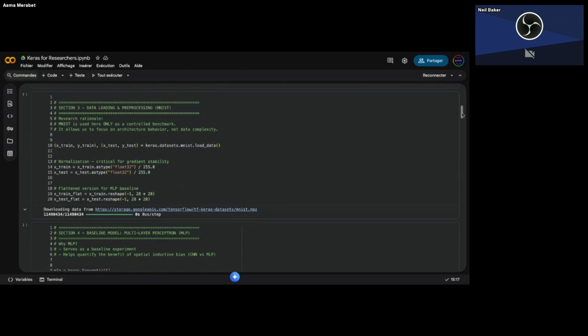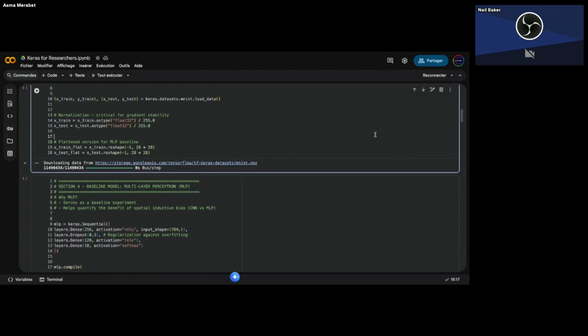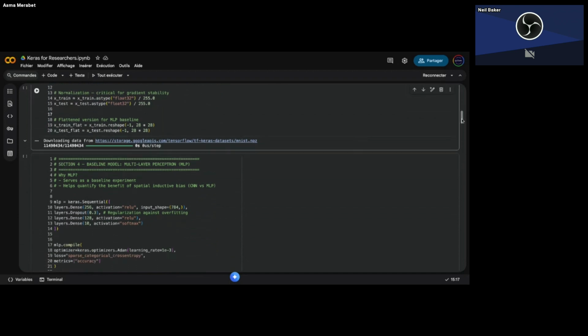And we also prepare two versions of the data: flattened for the MLP, because for the MLP we need a flattened one, and structured for CNNs. We are going to try both MLP and CNN. Okay, so here we should do the normalization for the CNN and this for the MLP.